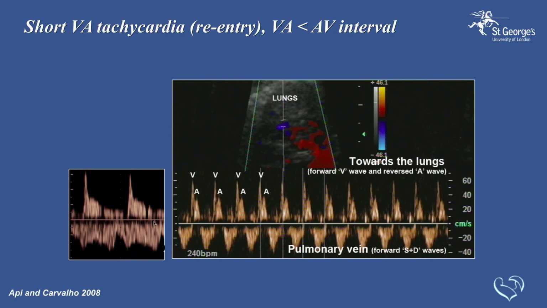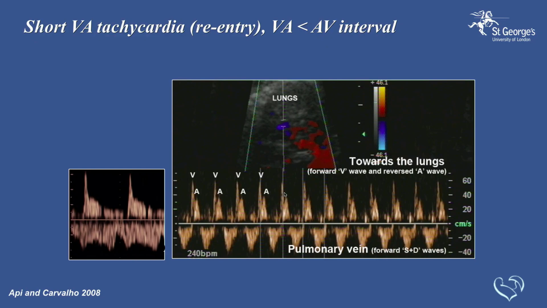So what happens is this goes so fast that during atrial systole, there is reverse of flow through the lung parenchyma. So this is going forward towards the left atrium. It's the summation of S and D, and then during atrial systole, it goes backwards to the lungs, following the atrial contraction.